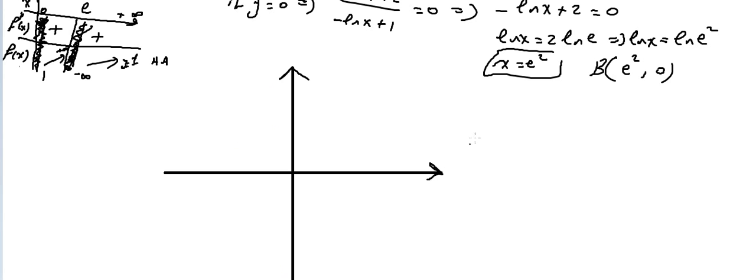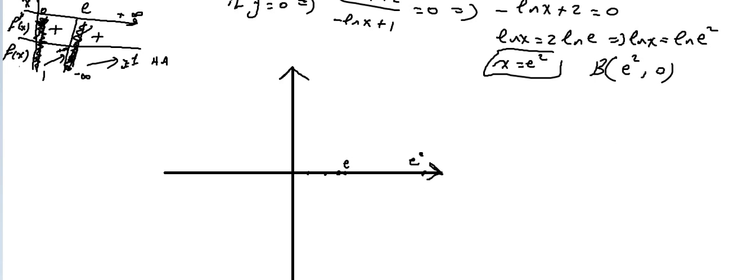Okay, first we have x equal e, which is approximately 2.71, a little bit less than 3. This is e, and somewhere over here, let's say it's e squared, because we need this e to the power 2 over here, B.